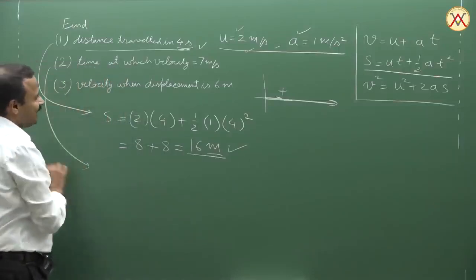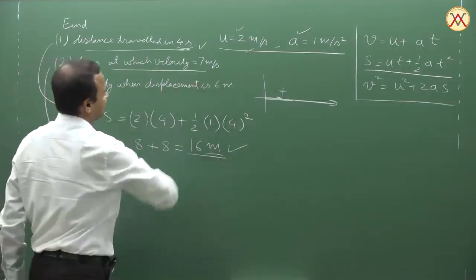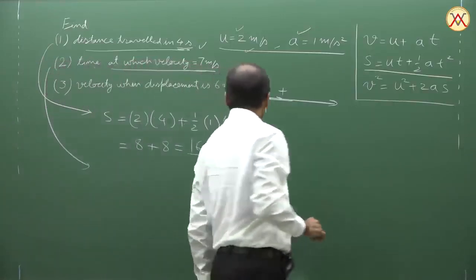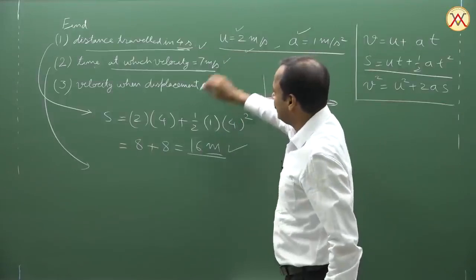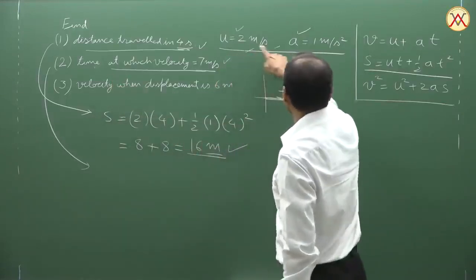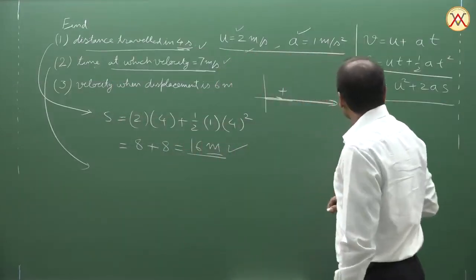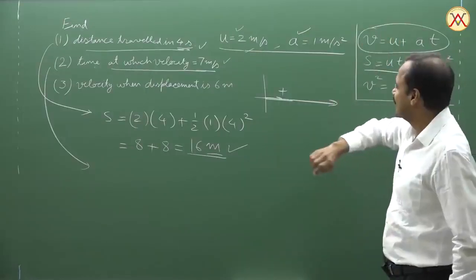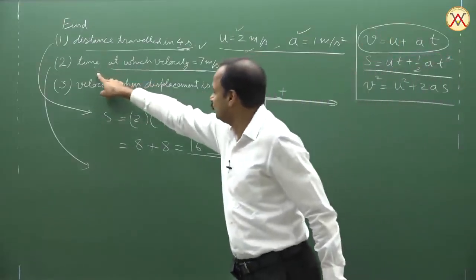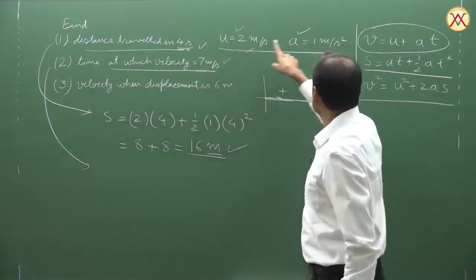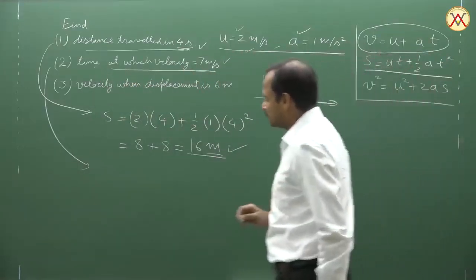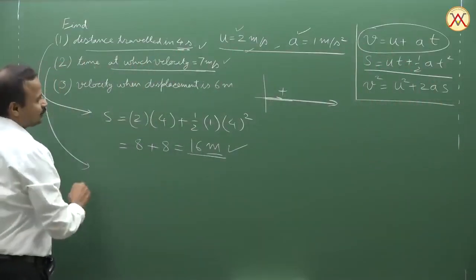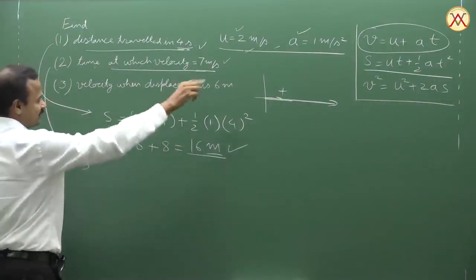Second part, time at which velocity becomes 7 meters per second. So this time we are given v, we have to find t. u and a are already given. So you can see the first equation connects time to velocity, u and a. So we will use equation number 1 for the second part. Let's apply this. v is equal to u plus at.